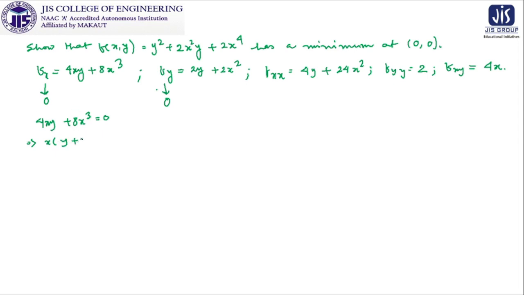So y plus 2x square is equal to 0, which means we are having the product of two things equal to 0, and from this part fy equal to 0 we get y plus x square is equal to 0.